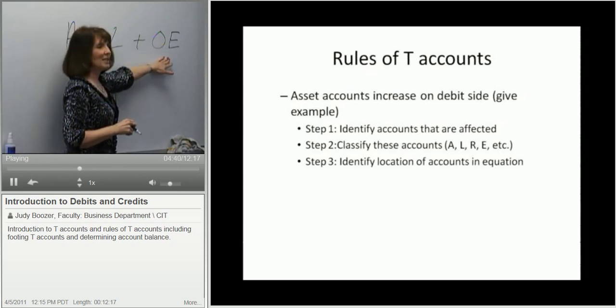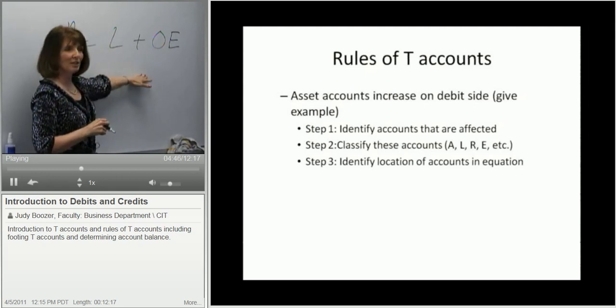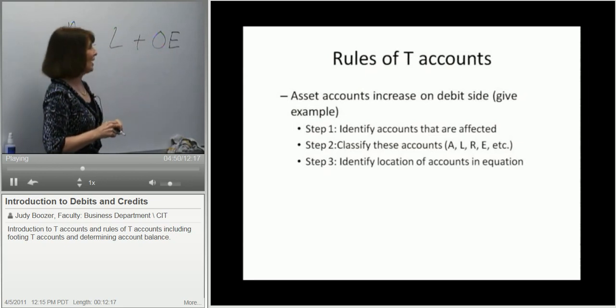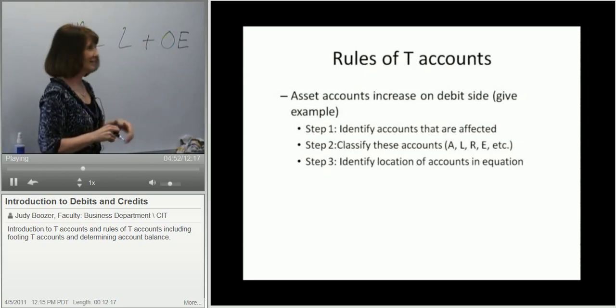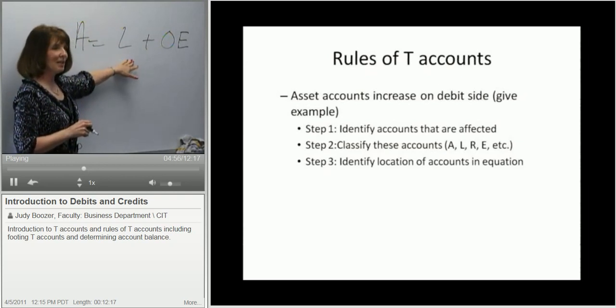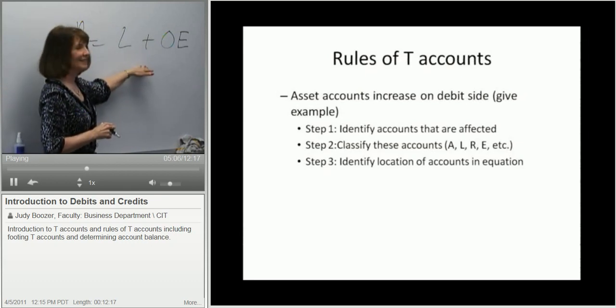It increases on the credit side. Is that which side of the equation? The right. Therefore, the right side of the account or the credit side. Haven't done this one yet, but liabilities. How do you think a liability account will increase? On the credit side or the right side.